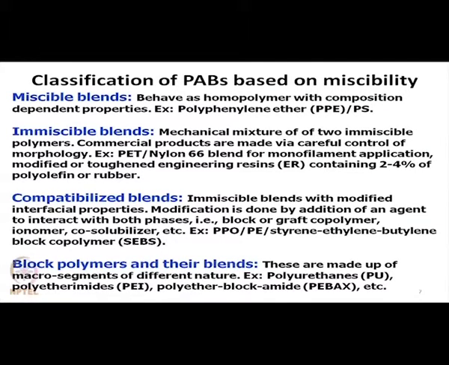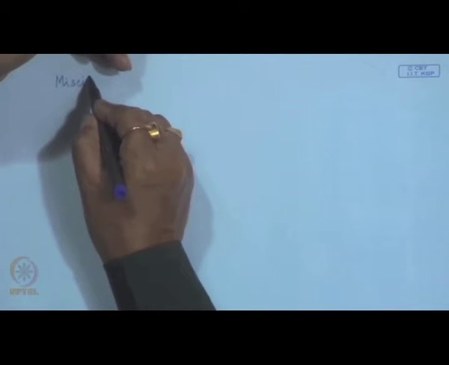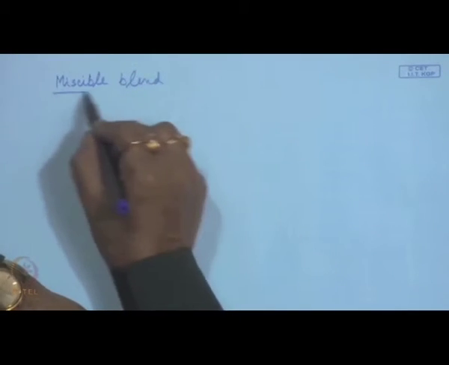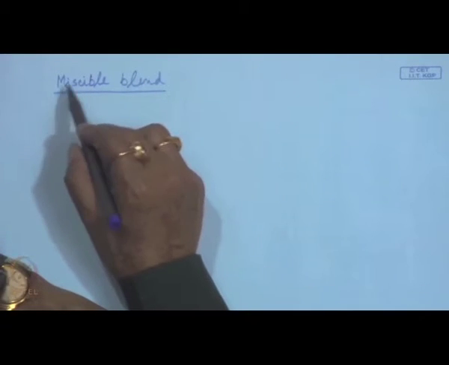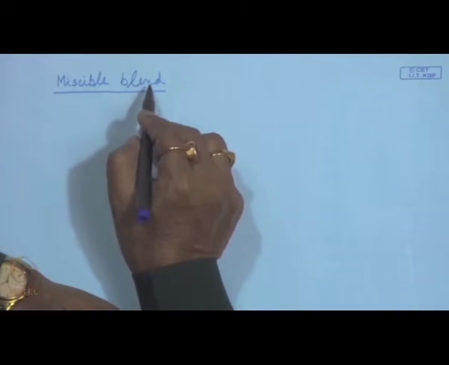If we look into the classification of these polymer alloys and blends based on their miscibility, degree of mixing, degree of compatibility, etc., the miscible blends should behave as a homopolymer. This is one of the classes of polymer blends and alloys.